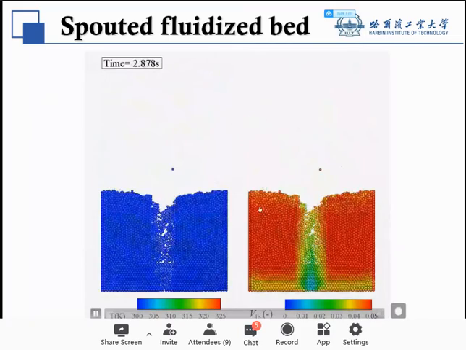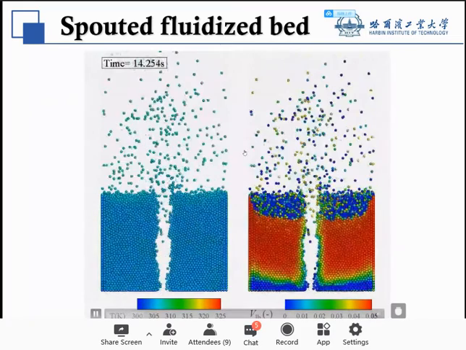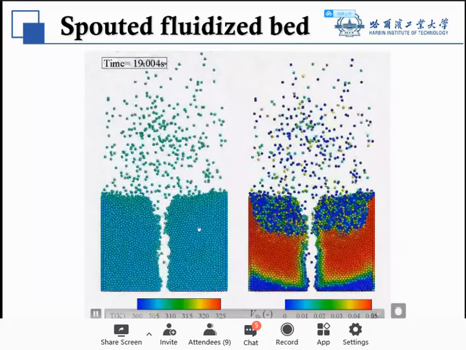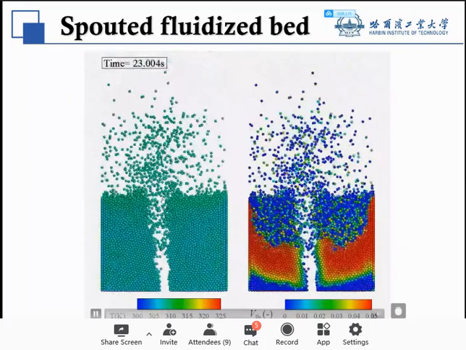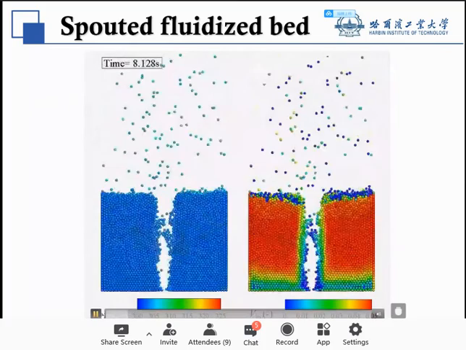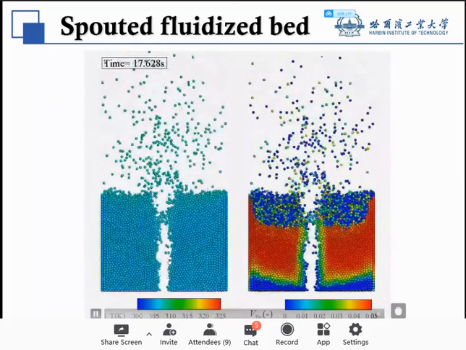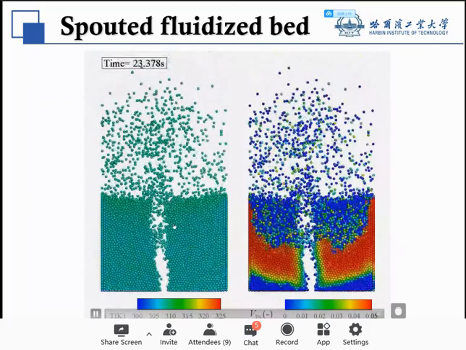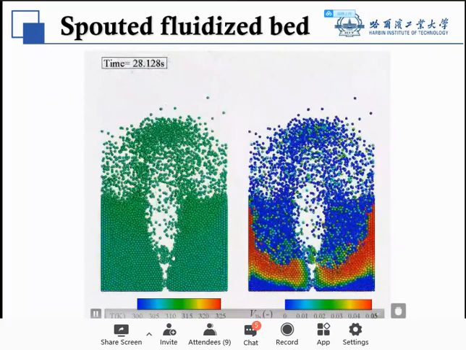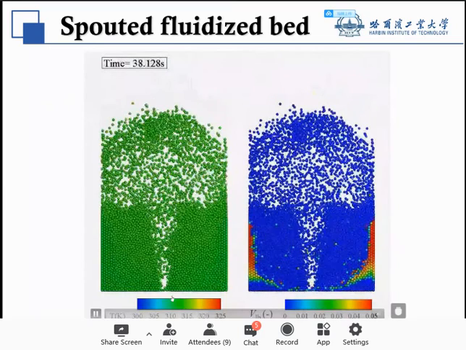Here is a video of the drying process for the spouted fluid bed. We can find that at the initial stage of drying, there is an obvious gas channel. This phenomenon was also introduced on the first page of our presentation.